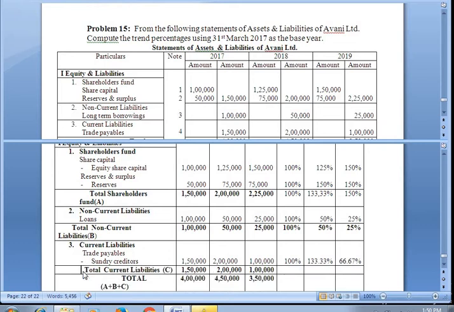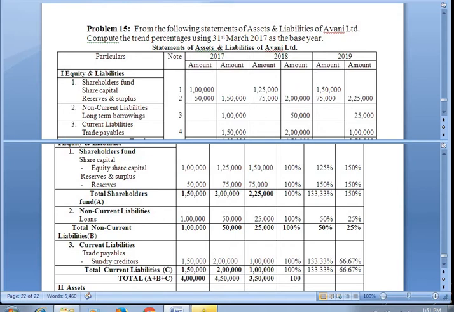As there is only one item in current liabilities, the percentage is also going to remain the same: 100%, 133.33%, and 66.67%. Okay, done.